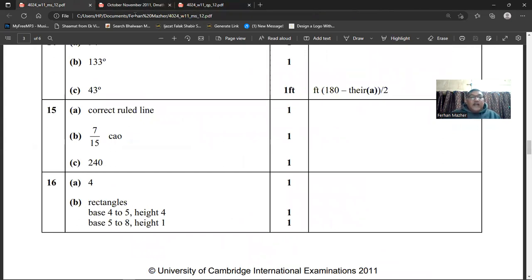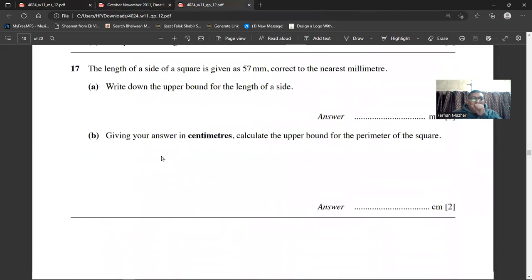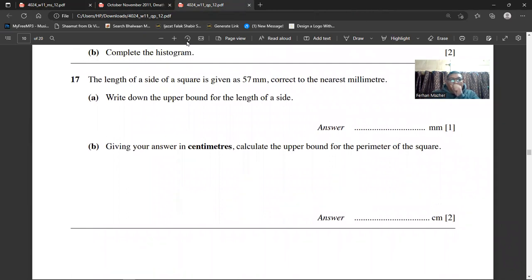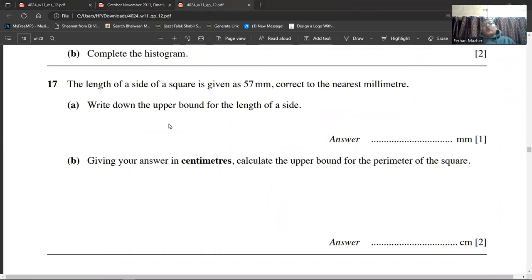So our answers are right. Now question number 17: the length of a side of a square is given as 57 millimeters, correct to the nearest millimeter. Write down the upper bound for the length of the side.